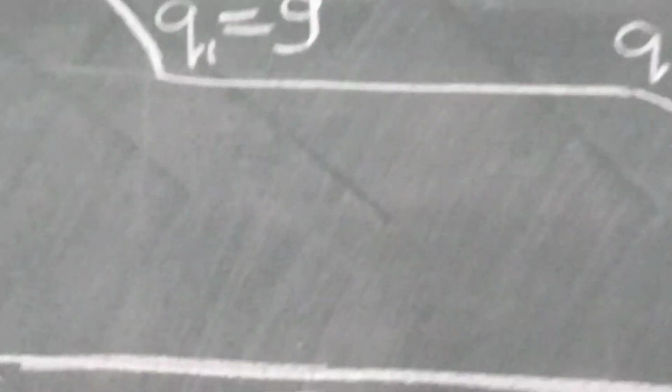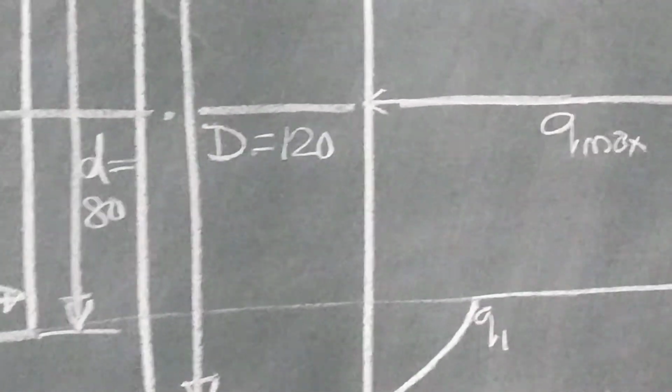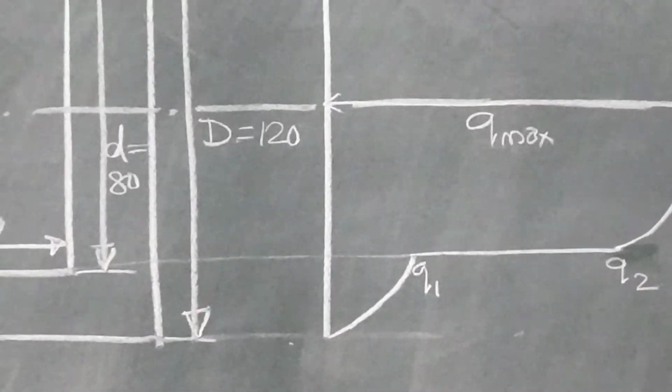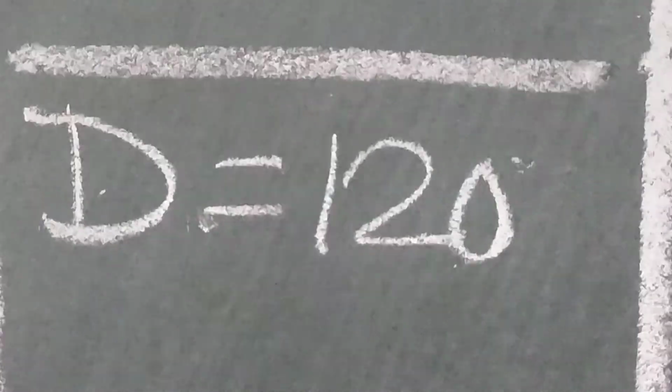Q1 is equal to 9 Newton per mm square. Q2 is 27 and Qmax, it is at the neutral axis, Qmax is equal to 34.21.